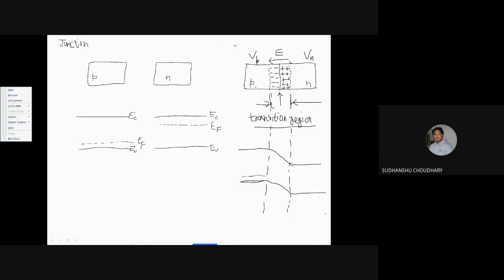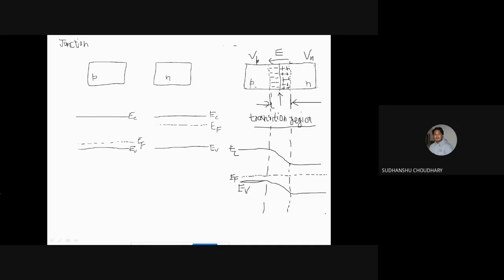So since this is a constant energy band, this corresponds to the N-type region. Okay, and the Fermi level will be straight as I said. So this is my Fermi level, EF. This is EC, the conduction band energy, and this is the valence band energy, EV.